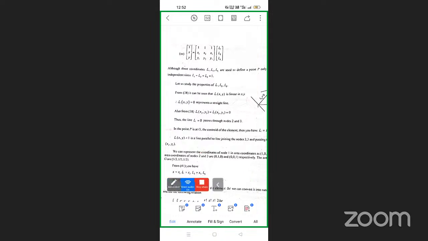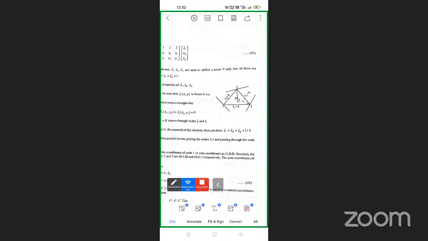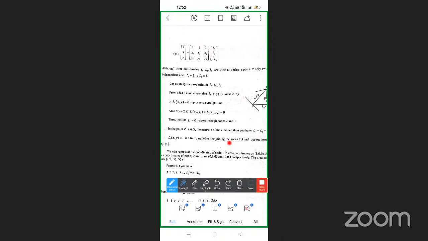A diagram. So this is the diagram. This is local coordinate L2, this is L1, L3, L2, and this is point P. This is the line segment of L2, and L3. L of x comma y equal to 0 represents a straight line.